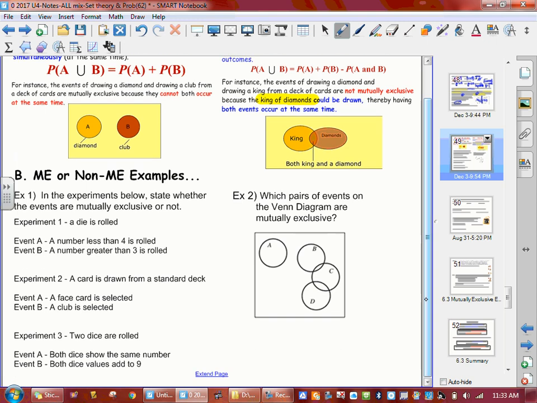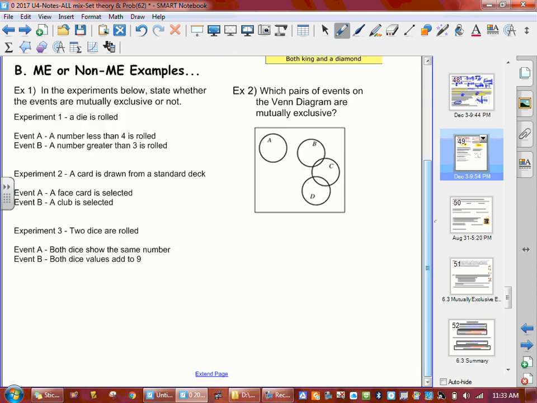All right, so let's do a couple examples here. We look at these. We want to see, are they talking about events that can happen at the same time or events that cannot happen at the same time? That's the difference. So let's look at the very first one. We're rolling a die. Can a number less than 4 and a number greater than 3 happen? Less than 4.